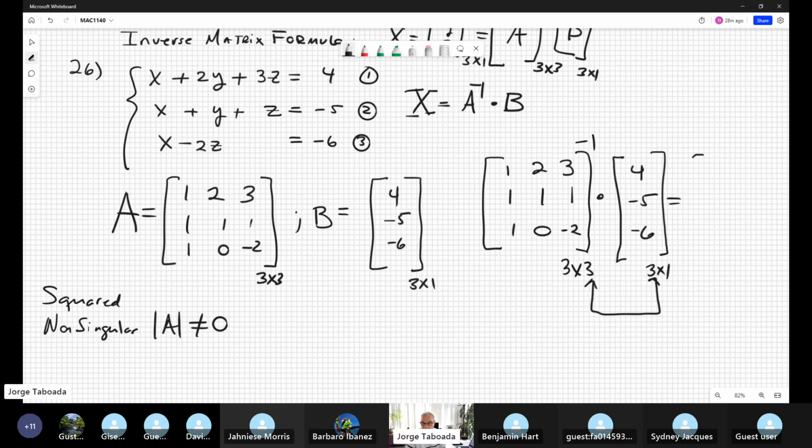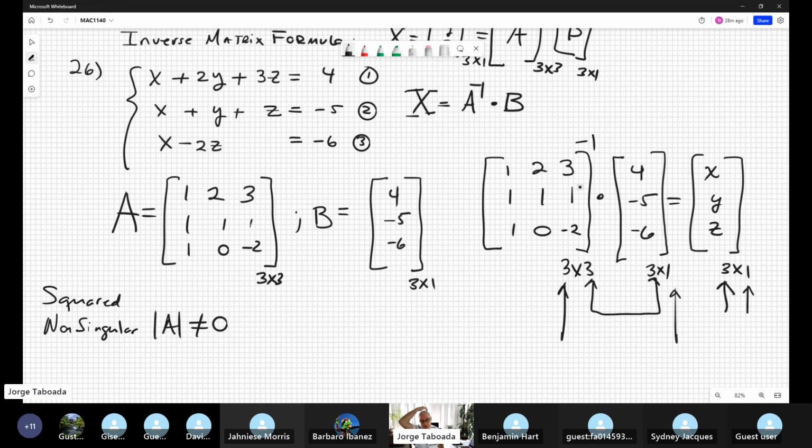And you get a new matrix which is 3 by 1. This 3 is this 3, and this 1 is this 1. And this is X, Y, and Z. So it's magic. When you multiply 3 by 3, 9 numbers, times 3 by 1, 3 numbers, you obtain 3 numbers, like a column vector. And the first component is X, the second component is Y, and the third component is Z. Let's do it.